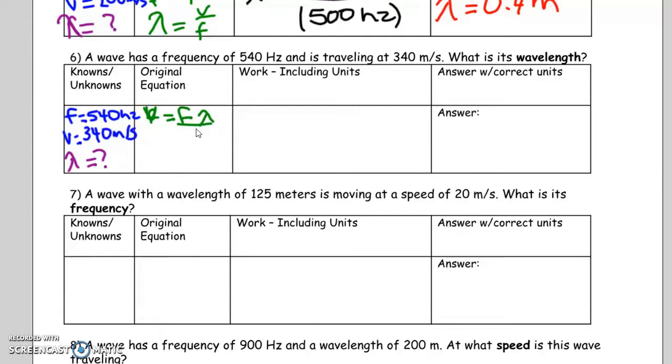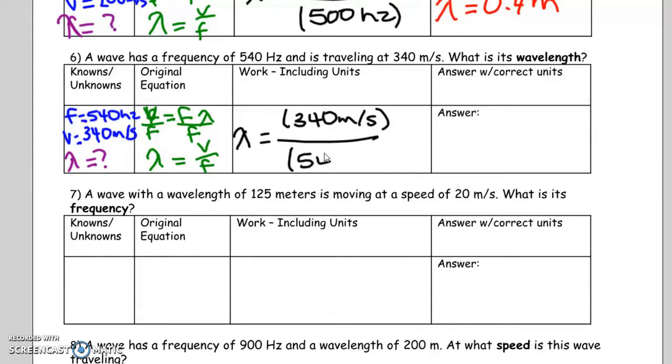I'm looking for wavelength, so divide both sides by frequency, and lambda equals v over f. I can plug this in. Lambda equals 340 meters per second divided by 540 hertz. 340 divided by 540 gives us a wavelength of 0.63 meters.